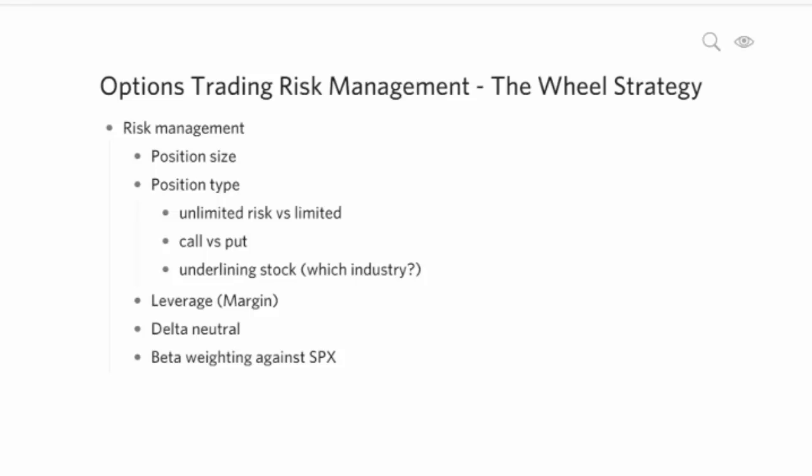Now, with the wheel strategy, it is the same, but there are certain elements where we have to think on top of that. What's the potential downside if we decide to hold on to it longer than we want to? Because a lot of the time with the wheel strategy, your thinking is, okay, this stock is going to go up.